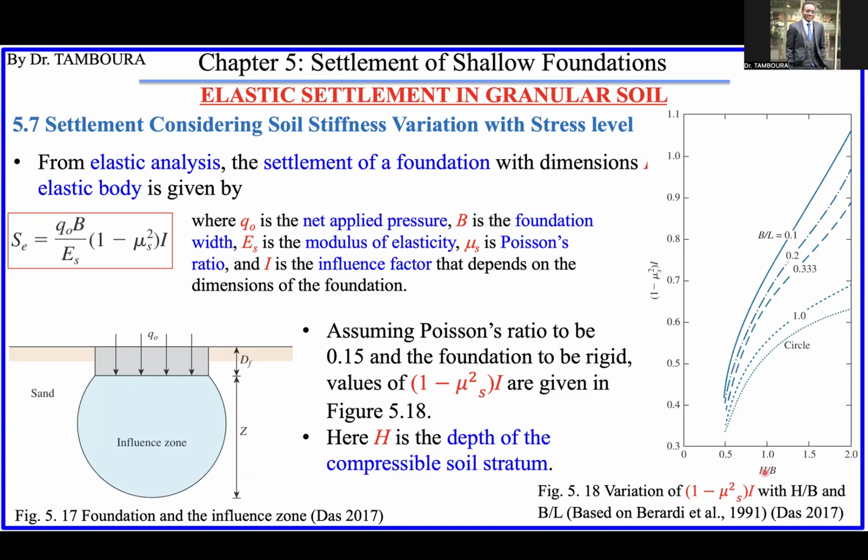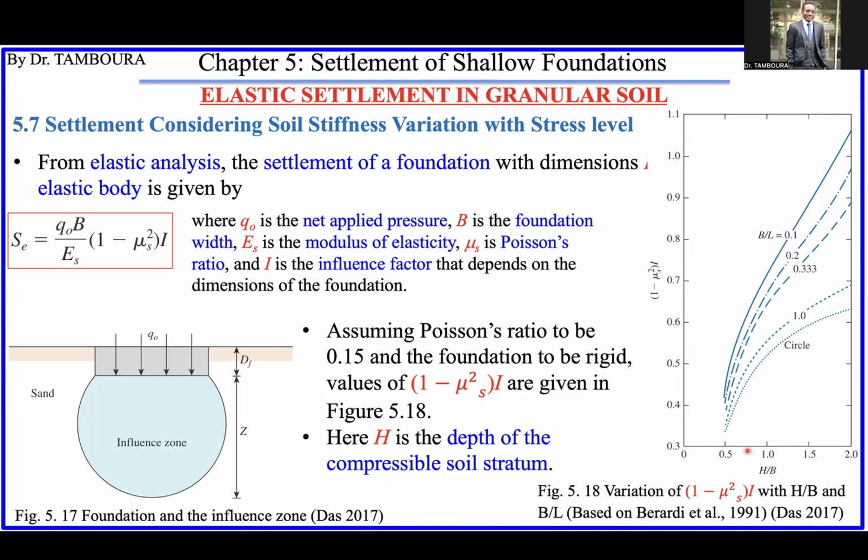You can see H here, H divided by B. So for each value of H over B, H is the compressible soil stratum, until maybe the bedrock. The thickness of the soil here is not written, but it is the compressible soil stratum.